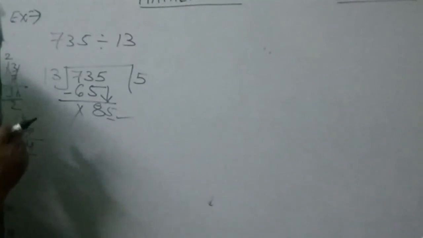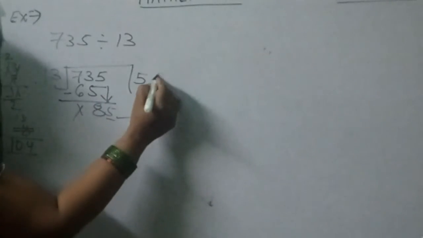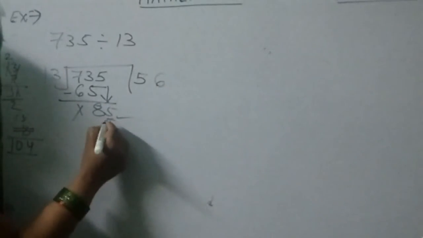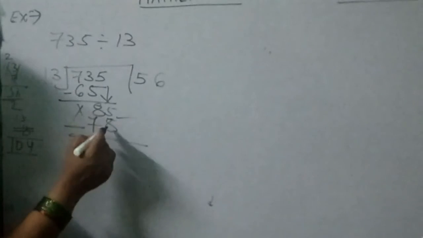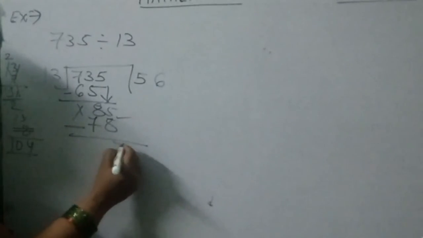So it will not work. So what do we have to do? We have to take the number 6 and read. 13 6s are 78, and put the minus sign here and subtract the number. 15 minus 8 is 7, and 7 minus 7 is 0.